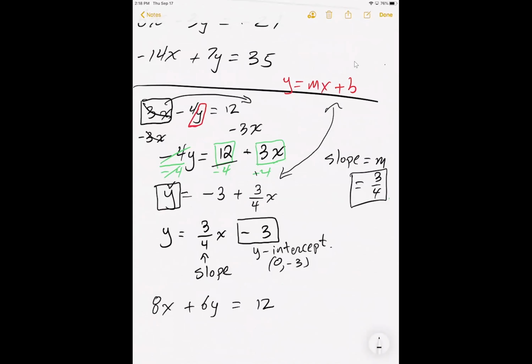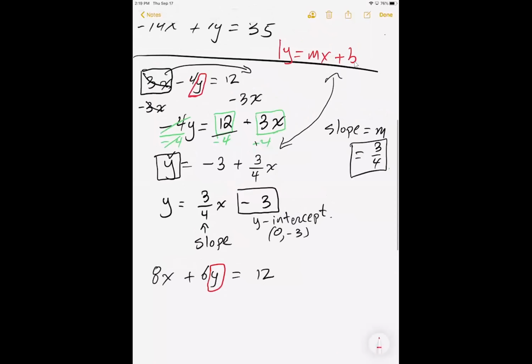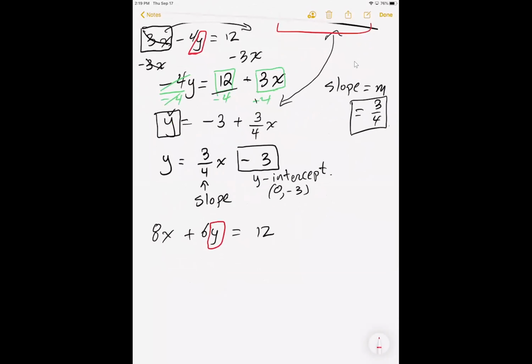If they are not the same, the other choice is that they need to be opposite reciprocals, okay? So same idea. In order for us to know if they are parallel or opposite and reciprocal, we need to get y by itself. Everybody agree on that? Because if we get y by itself, we know two things: we know the slope and we know the y-intercept. For this particular problem, y is not by itself, and since it's not by itself, we need to get y by itself.